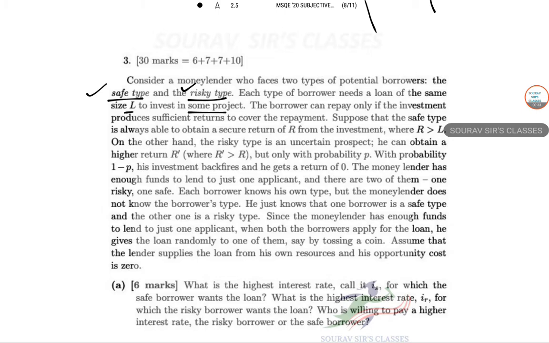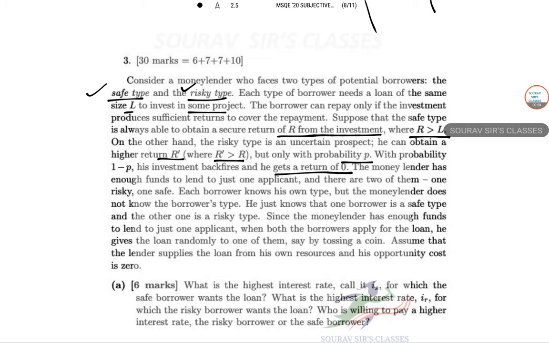Suppose that the safe type is always able to obtain secure return R from the investment, where R is greater than L, and on the other side the risky type has an uncertain prospect, obtaining high return R dash but with a probability of P. So with probability 1 minus P, the investment backfires and he gets a return of 0. The money lender has enough funds to lend to just one applicant, and there are two of them.